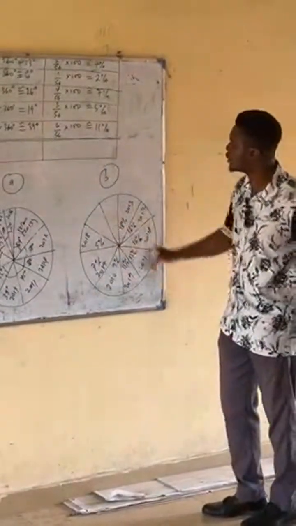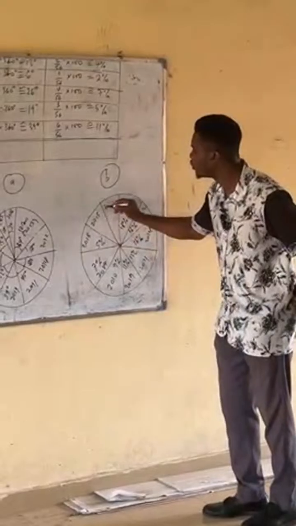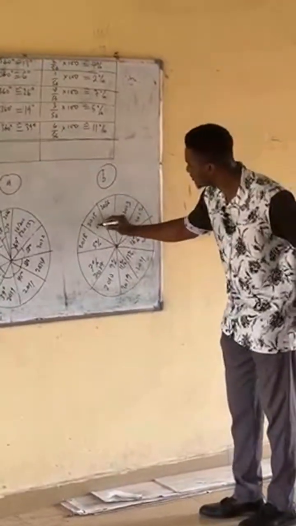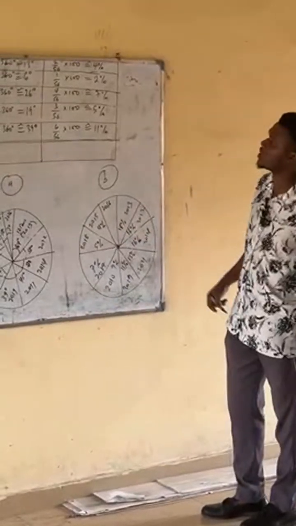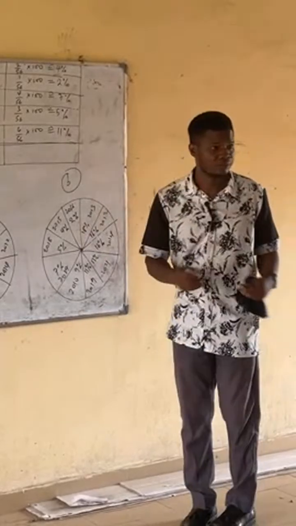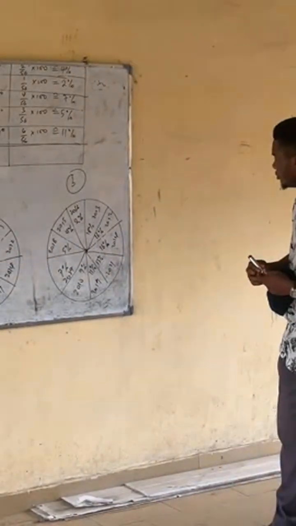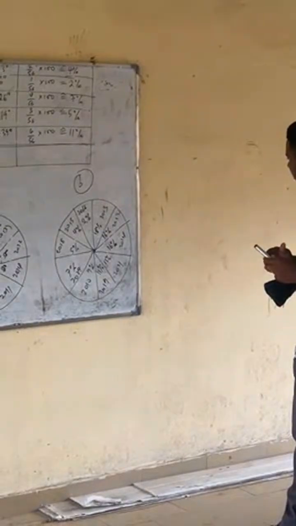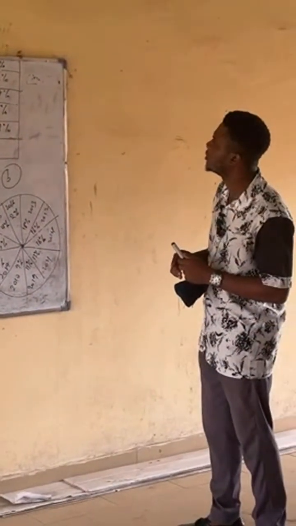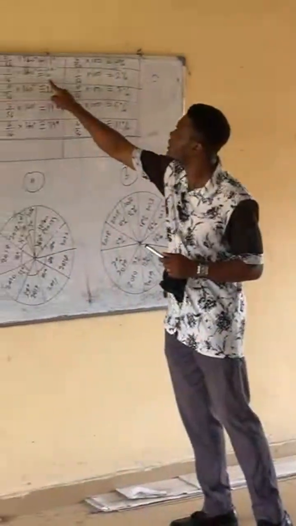Then the last one is what? 215, 216. 215 will be what? 4%. You see it? And 216 is what? 2%. And that's all. Which one? Where is it? 216. This one? Yeah, here.